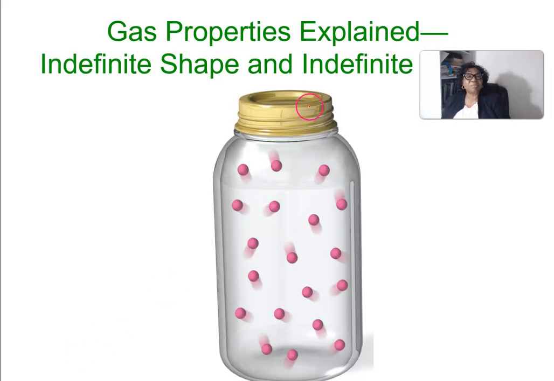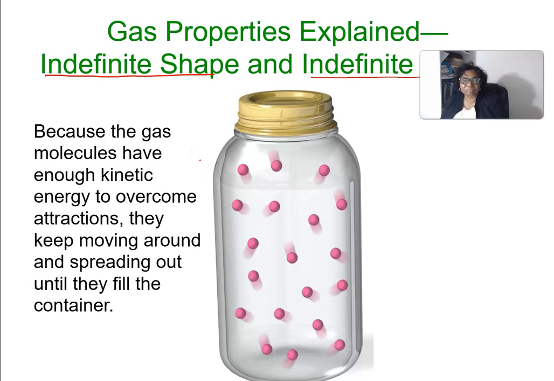We want to use the property of a gas to explain why they have indefinite shape and indefinite volume. Because gas molecules have enough kinetic energy to overcome attraction, they keep moving around and spreading out until they fill the container.